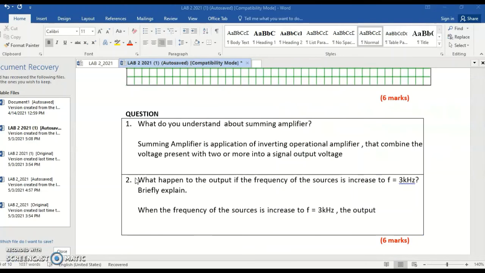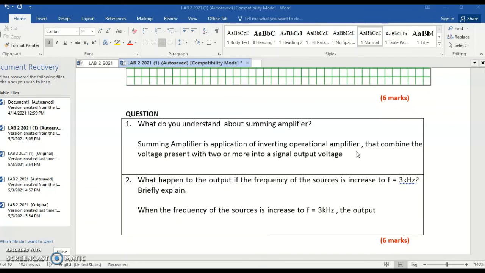The question asks, what do you understand about summing amplifier? A summing amplifier is an application of the inverting operational amplifier that combines the voltages present on two or more inputs into a single output voltage, which is equivalent to an amplified sum.